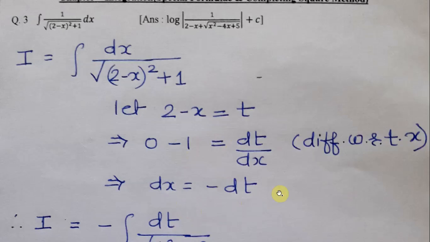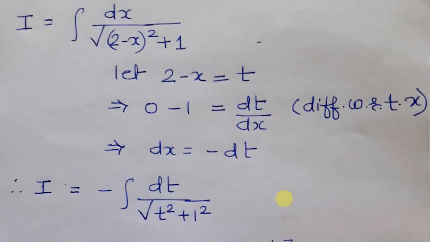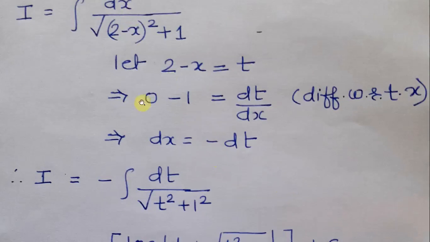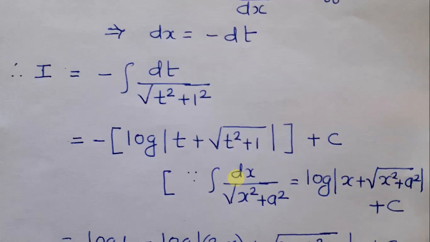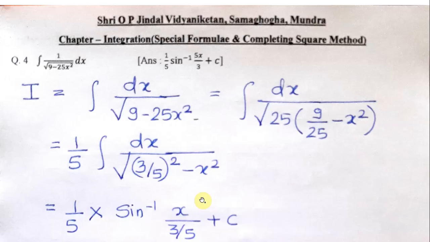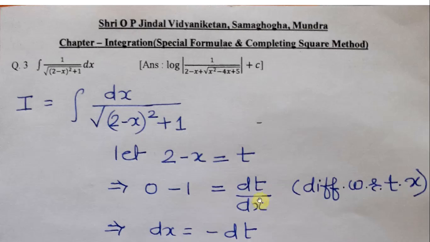Now replace the values in the main integration. In place of dx I replace minus of dt, in place of 2 minus x I keep t, whole power 2 as it is, and 1 I write as 1 square. Now my integration will be in this particular form. Compare the integration, it is now in this form.